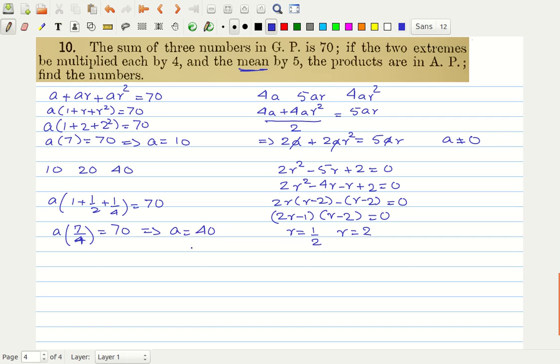So all you are getting is the same GP but in the reverse order. So the first term becomes 40, second term becomes 20, and the last term becomes 10. So normally in such kind of problem you can only take one value of R that you get and you will get the correct answer. Okay, and we are done.